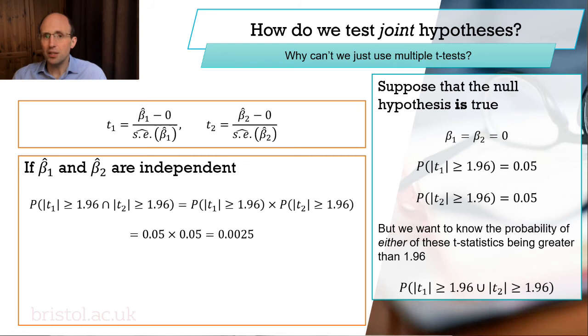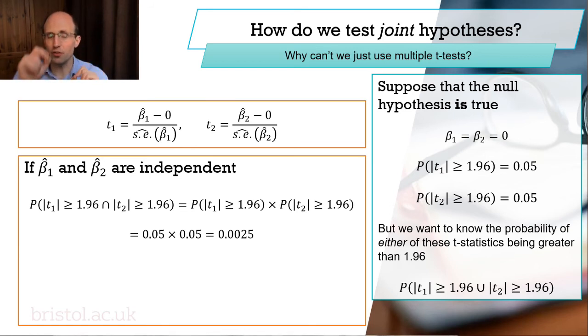So let's make a very strong assumption. Let's assume that beta 1 hat and beta 2 hat are independent. Why are we doing this? Well, we're doing this because it makes the maths easier. So if we wanted to find the area of that intersection, if beta 1 hat and beta 2 hat are independent, it also will follow that the t-stats are also independent. So the probability that t1 is greater in magnitude than 1.96 and t2 is greater in magnitude than 1.96, we can just look at the product of the two probabilities.